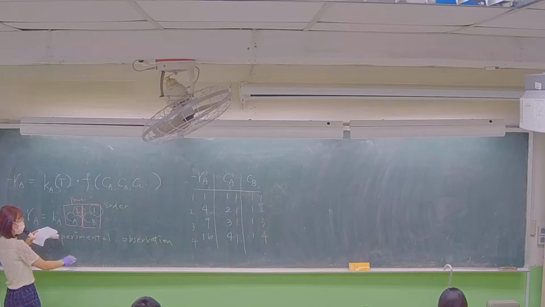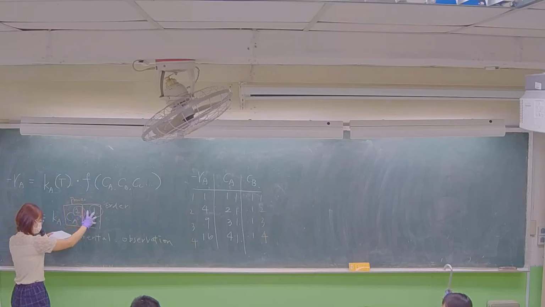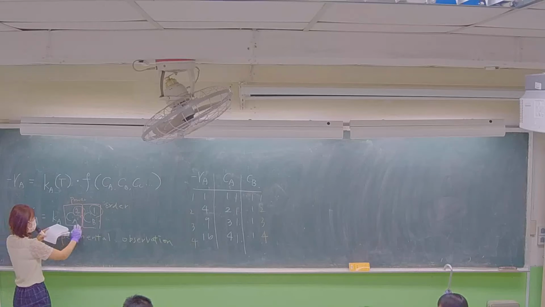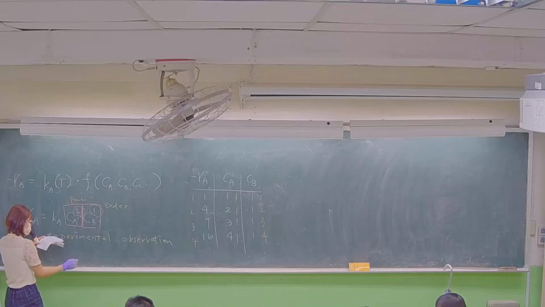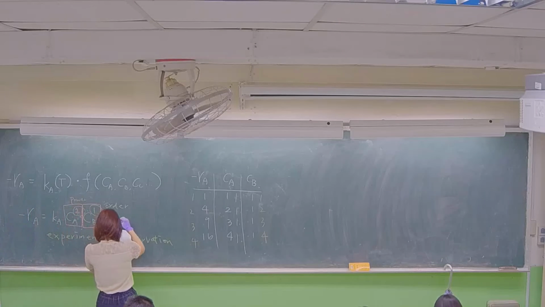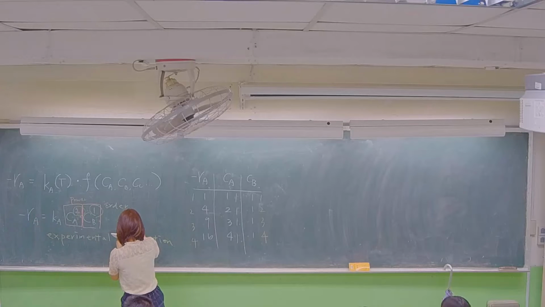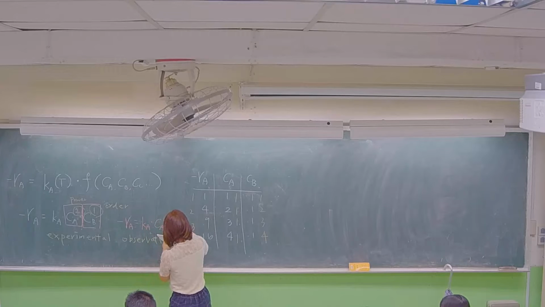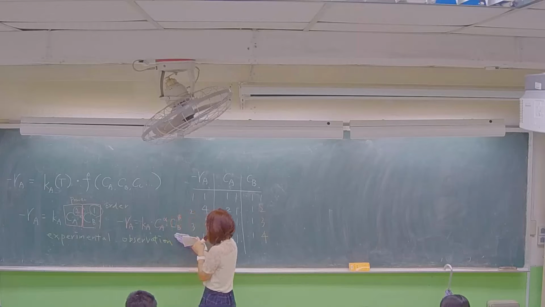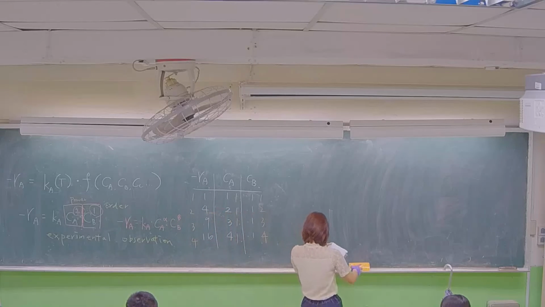So where is the example? I think the example: minus RA is equal to reaction rate constant times concentration A, concentration B. The power is alpha and beta. It is the general form.